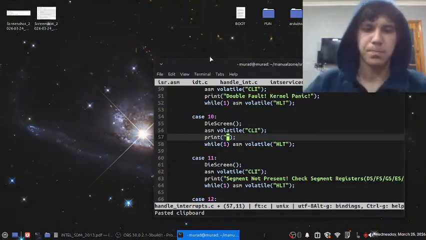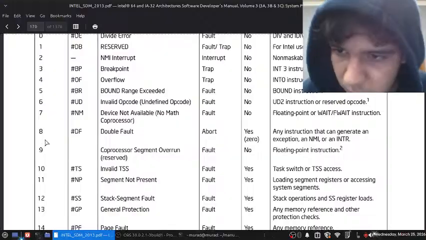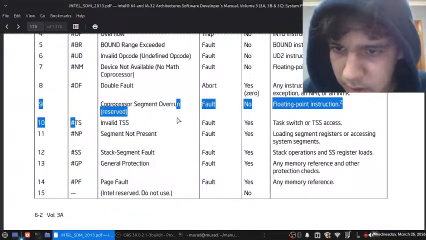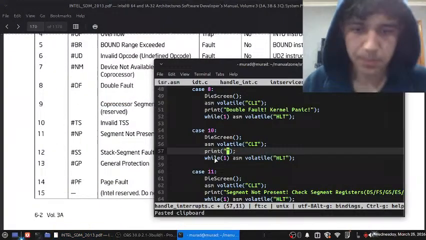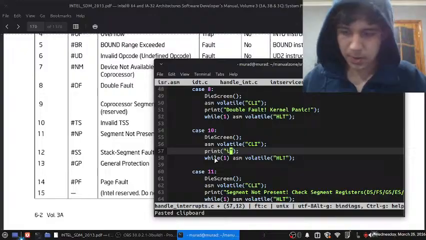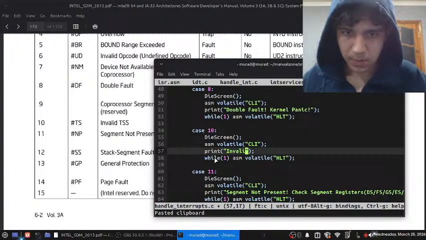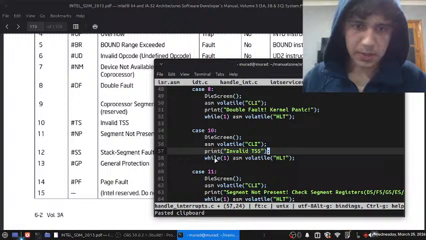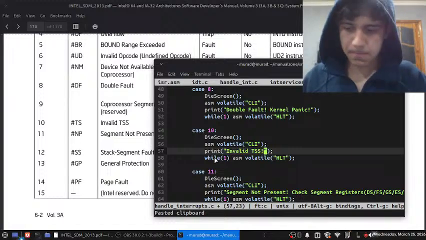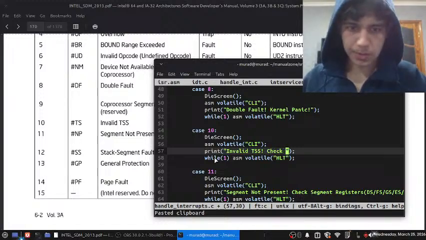Yeah, which is it? Invalid TSS. Invalid TSS. Check task register.